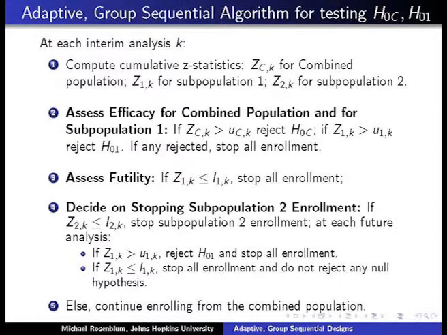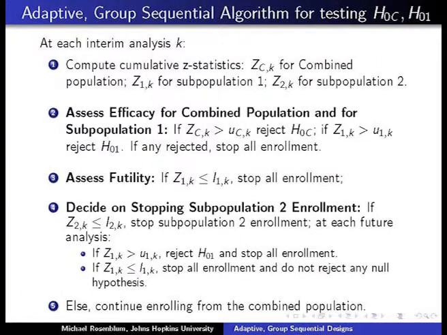You're going to compute 3 statistics. So this all boils down to your decisions being based on 3 statistics at any time point. There's Z_C,k, where the subscript k tells you the analysis you're on. There's Z_Ck, the Z statistic for the combined population, incorporating all the information collected up to that time point.